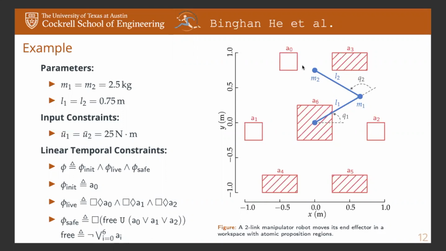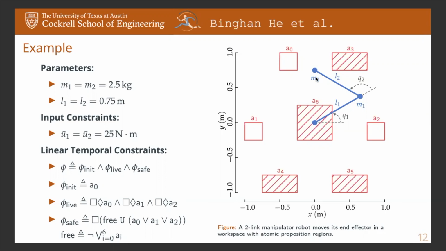Regions A0, A1, and A2 represent the regions with some manipulation tasks for the end effector. And regions A3, A4, and A5 represent obstacles. And we also have region A6, which represents the base of this manipulator. So you may already notice that this is a non-convex workspace manipulation problem.